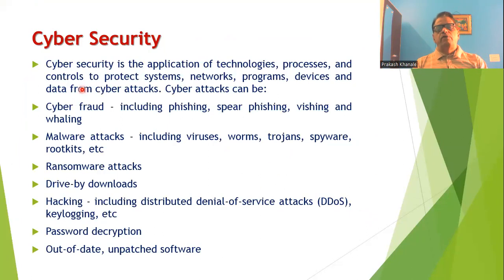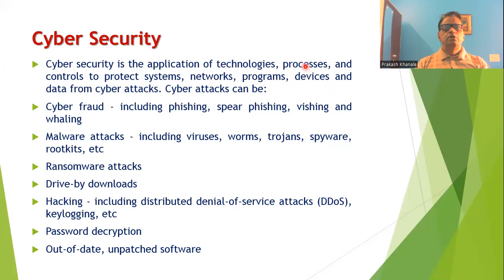So let us understand what we mean by cyber security. Cyber security, one can say, is an application of technologies. With the help of technologies, we can protect our computer systems, our mobile phones, our programs, and our IoT devices from cyber attacks.